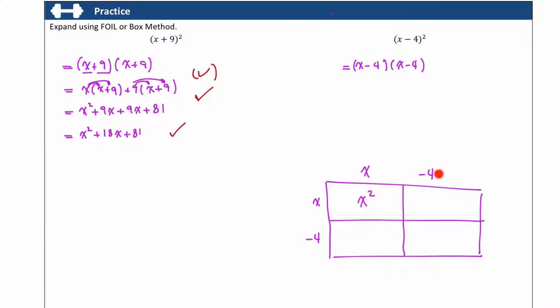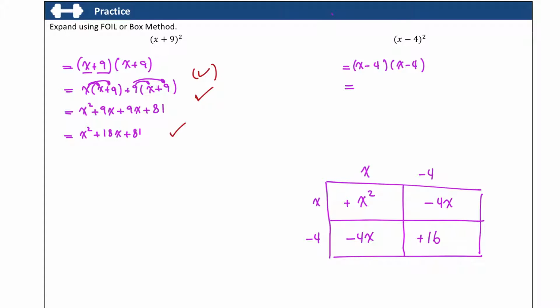I get negative 4 times x is negative 4x. I get negative 4 times x again, which is negative 4x here. And finally, I get negative 4 times negative 4, which is positive 16. So this one will be 16. Or you can put a positive if you want on things that don't have a positive, so that it's easier for you when you're writing it out.